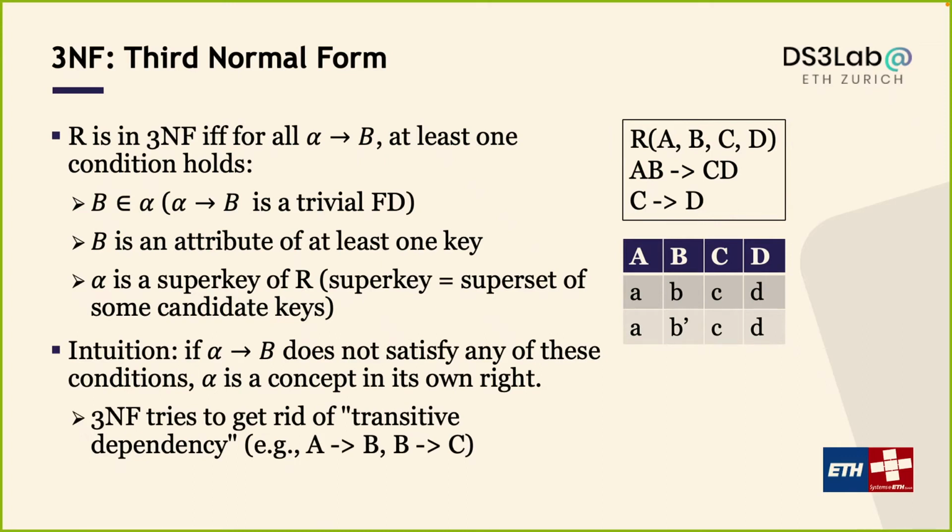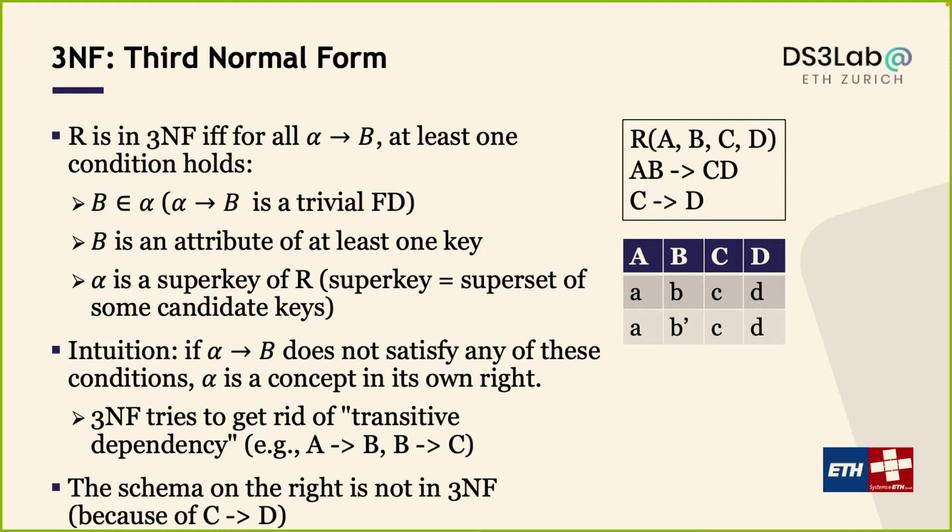Another intuition, if you think about why we've done these three different things, is that we are trying to get rid of transitive dependency. That is, you have A decides B, and B decides C. Once you have these two things in your design, you start to have data redundancy. So third normal form tries to get rid of that.